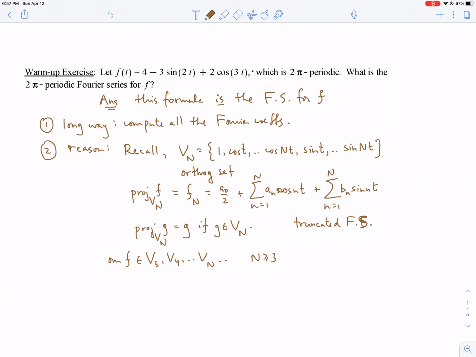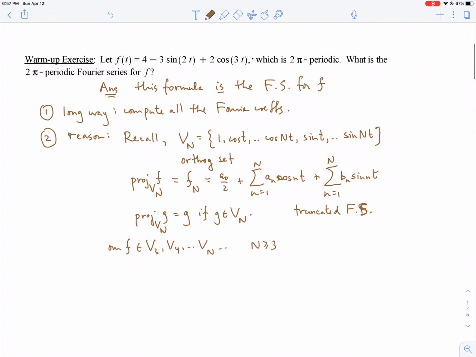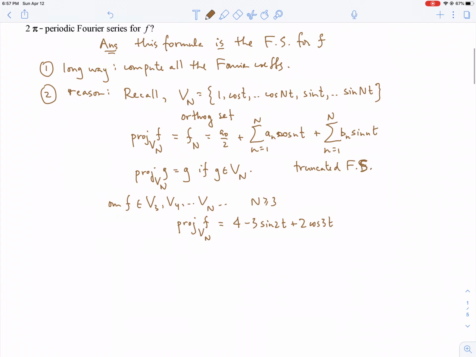And so when we project, we'll get the truncated Fourier series. The functions in this set are linearly independent, so the weights are unique. So the projection of our f onto V capital N is always 4 minus 3 sine 2t plus 2 cosine 3t. Those are the Fourier coefficients for the corresponding sinusoidal functions.